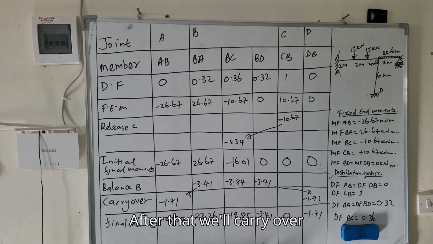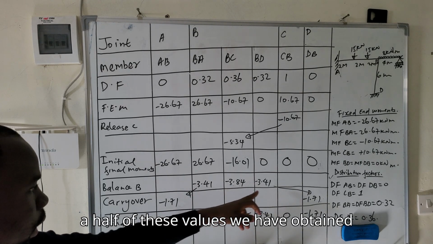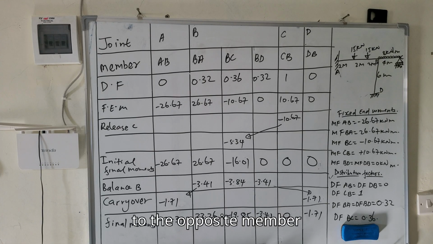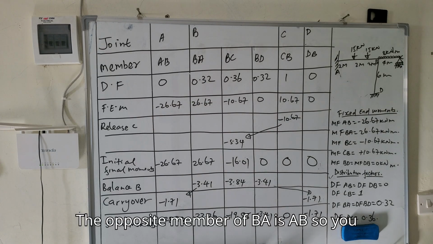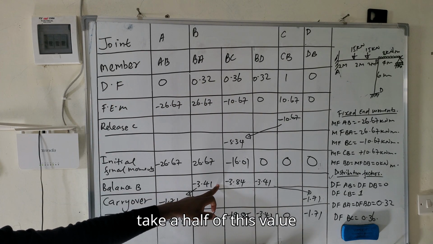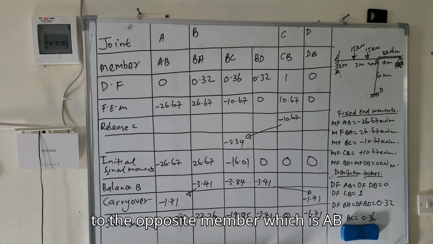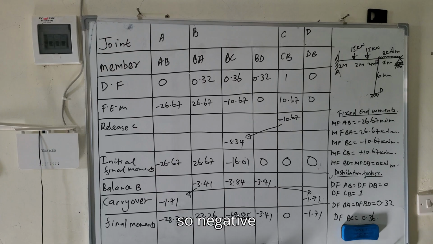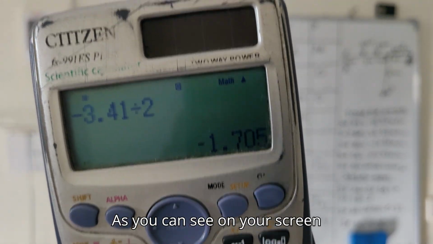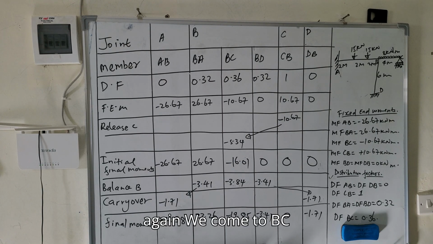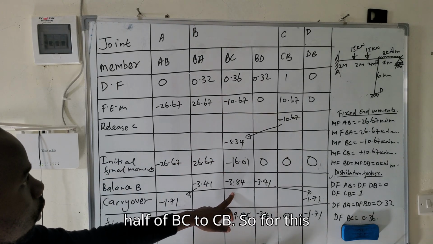After that, we will carry over a half of these values we have obtained to the opposite member. For example, we have member BA. The opposite member of BA is AB. So you take a half of this value to the opposite member, which is AB. So negative 3.41, you divide by 2, you will get negative 1.71. Again, we come to BC, half of BC to CB.